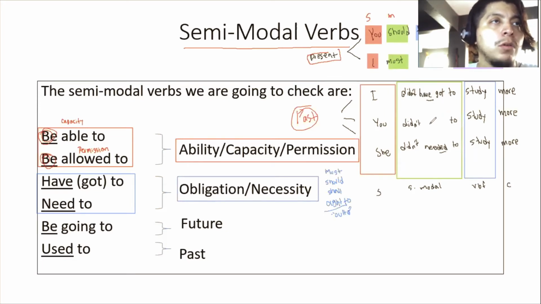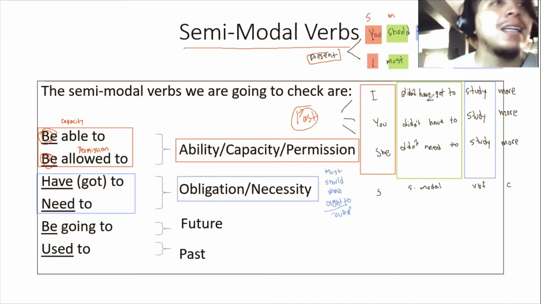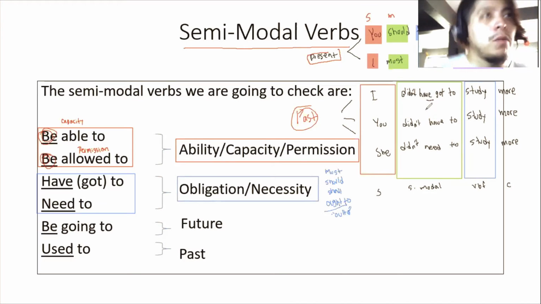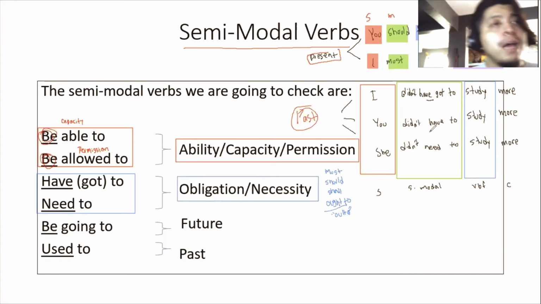Didn't have to, or didn't have got to, didn't need to. I didn't have got to study more. In the past, I didn't have the obligation of studying more. You didn't have to study more. She didn't need to study more, right?